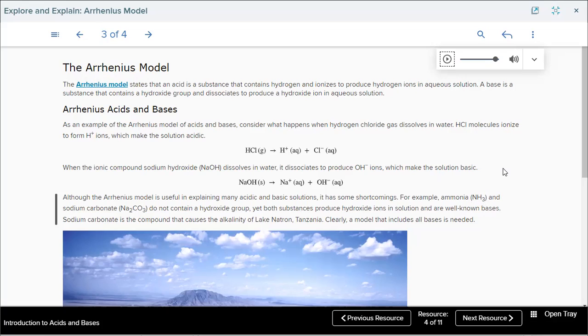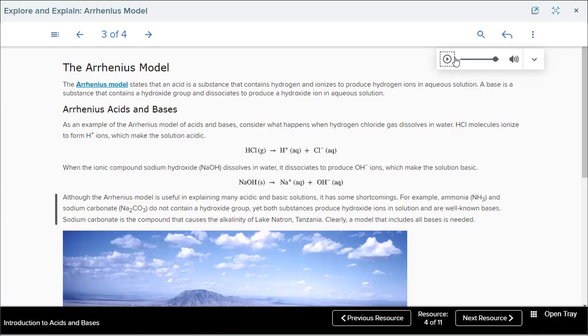But if any compound dissociates in water producing negative hydroxide ion, it will be a base. But what about ammonia NH3 and sodium carbonate, Na2CO3? They do not contain a hydroxide group, but both are bases.